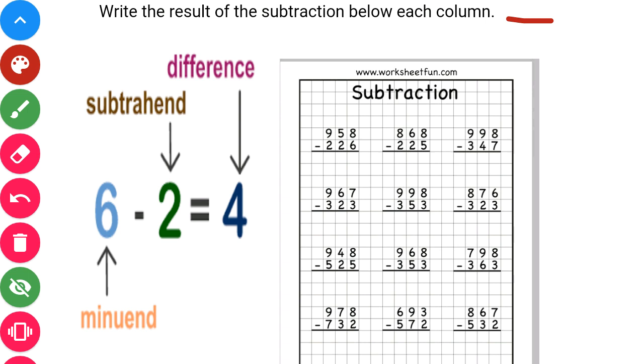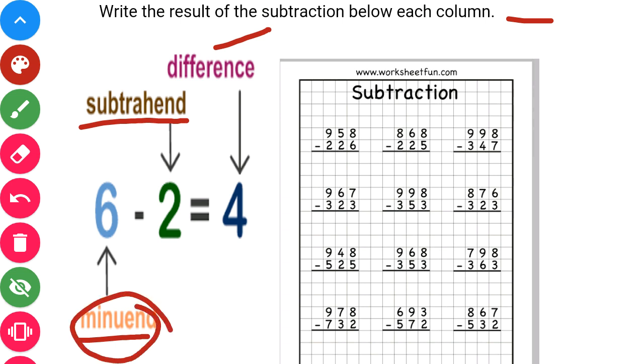There are basically three terms in subtraction. The first one is minuend, second is subtrahend, and last one is difference. The number from which we take away another number is called minuend, or we can say the greater number.